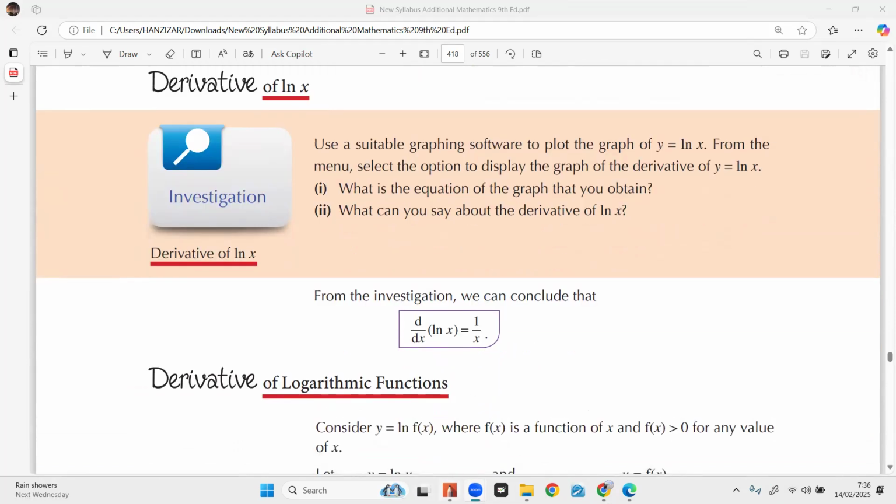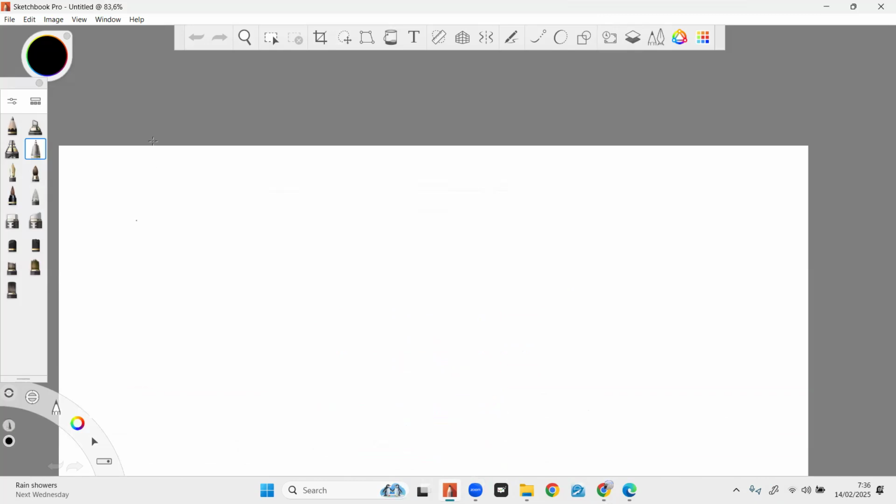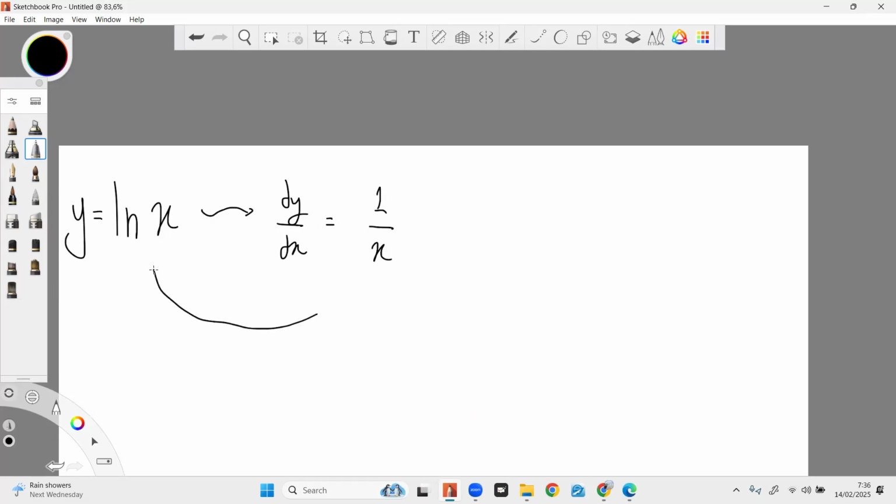What is this? So if I have natural log, let's say y equals ln x, the derivative of ln x, or dy/dx, is 1 over x. Okay, just memorize. So what you need to do is try to memorize. There is no specific reason for that.